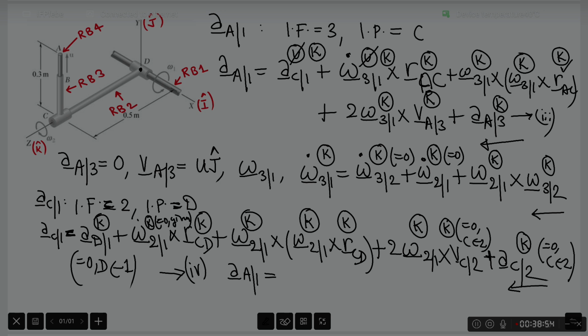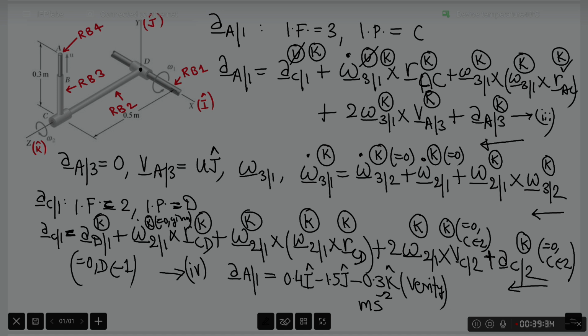And I would like to write the final answer so that viewers can verify their own calculations. According to my calculations, this is what the vector is. And the units are meters per second square.